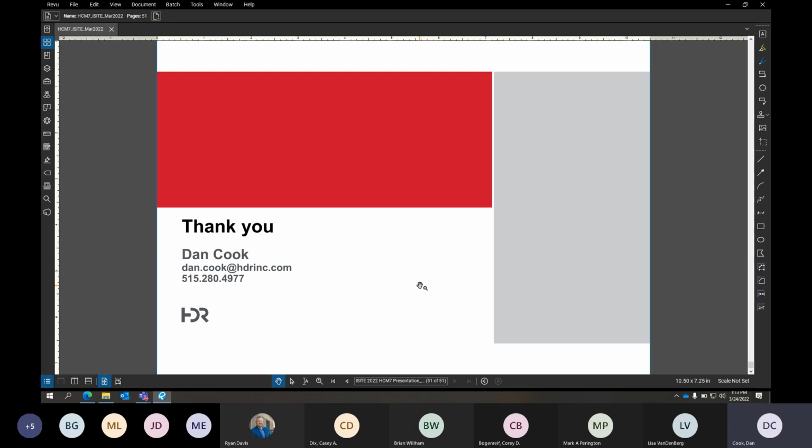So our productivity has actually increased because we have these virtual tools where we can meet once a month rather than twice a year. But anyways, those invites are generally sent to the list of people that are signed up as friends so that they can attend those meetings. There are opportunities to volunteer, such as reviewing papers for TRB. That's a great way to get more involved with the committee.